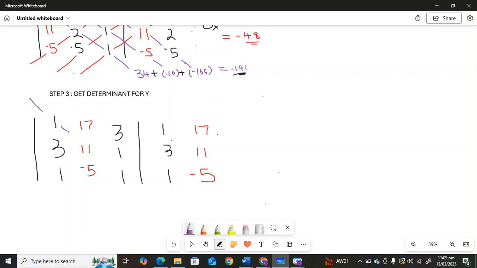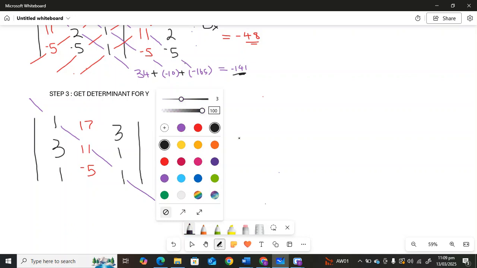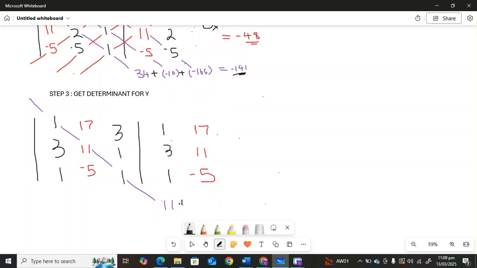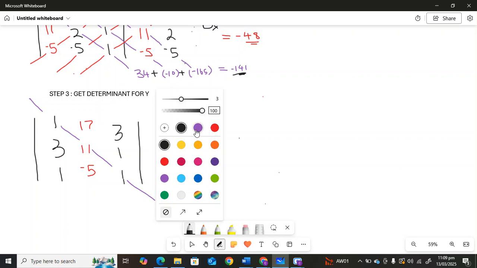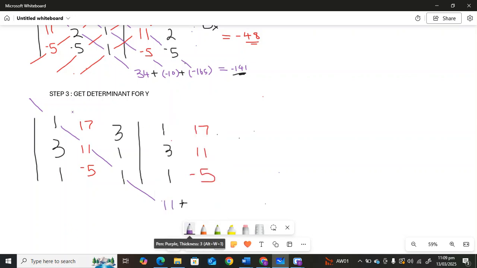Okay. So 1 times 11, 11. 11 times 1, that is 11. Seventeen times 1, that is 17. 17 times 1 again, that is 17.